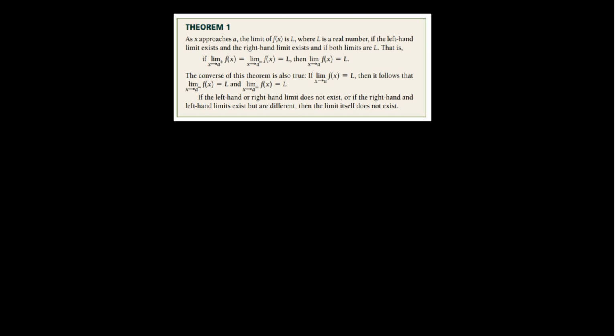If the left-hand limit exists and the right-hand limit exists, and if both limits are L, so basically meaning the exact same thing, then it follows that the limit, and again, notice how this a does not have a superscript or a subscript, then it follows that the limit of that function at that number exists, okay?